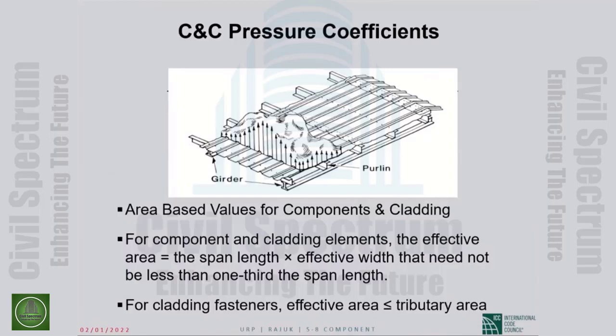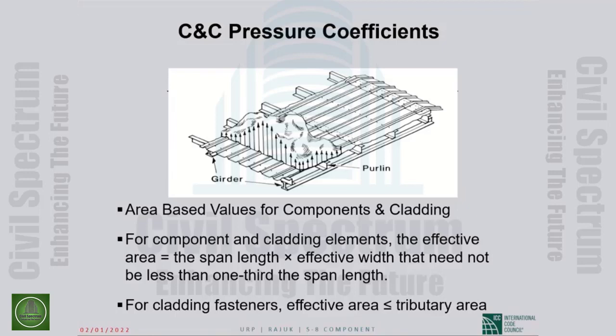There is a definition of components and cladding, but in very basic terms, components are directly loaded by the wind. The main wind force resisting system derives its loading from components and cladding. That's the main distinction. Components are directly loaded. The main wind force resisting system derives its loading from the components and the cladding.